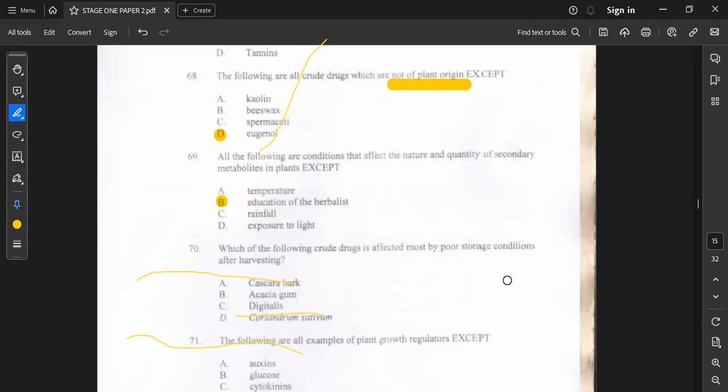I think no one. I'll go to the next question. Which of the following crude drug is affected most by poor storage conditions after harvesting? Cascara bark, acacia gum, digitalis, or Coriandrum sativum? I would go for Coriandrum sativum. I'm not sure though.